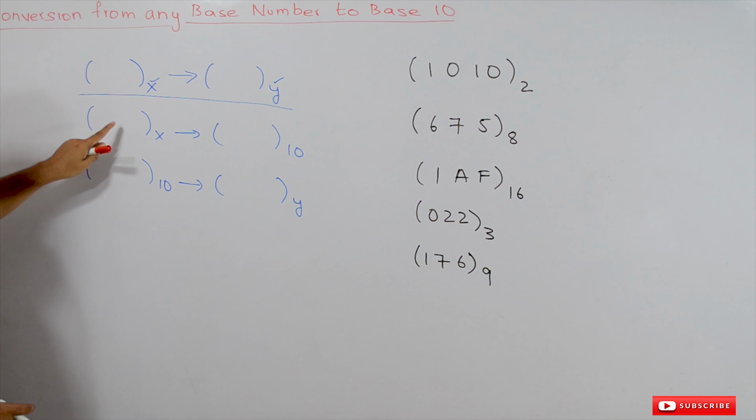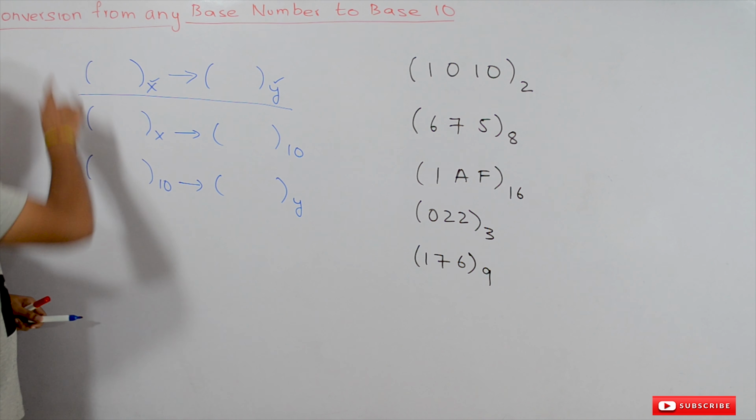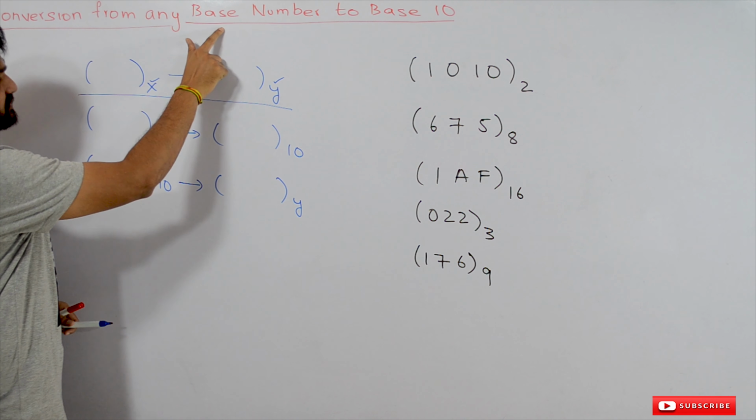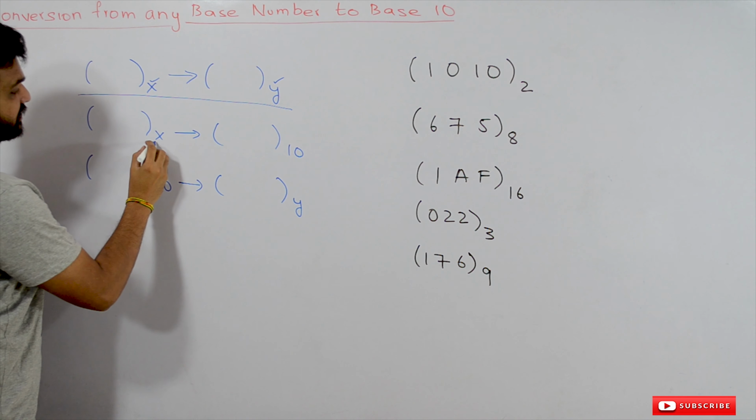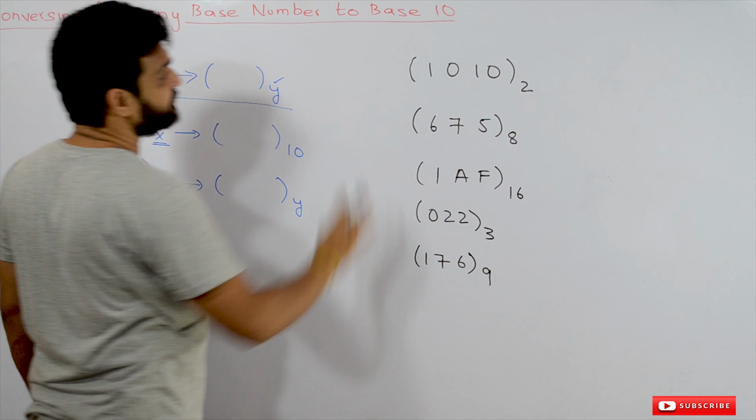So in the process of converting from base x to base y, the first step that we have to do is convert the base x number to a base 10 number. So it is conversion from any base number system to base 10 number system.